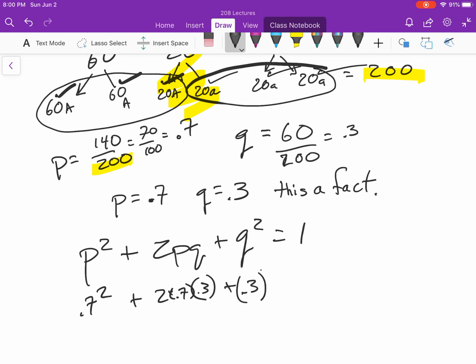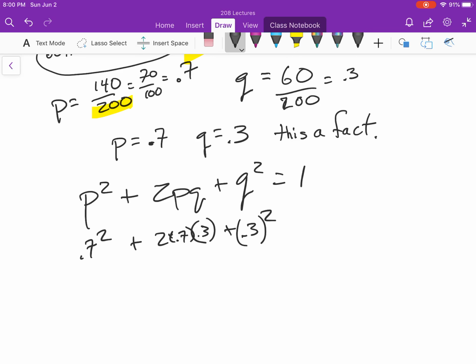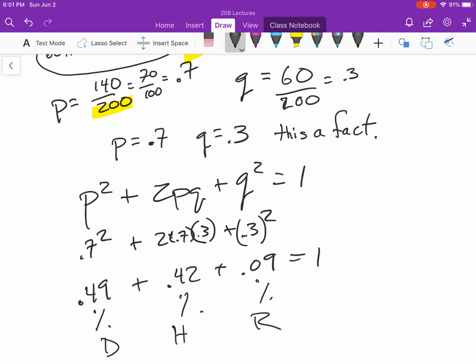Plus 0.3 squared. 0.7 squared is 0.49, plus 0.42, plus 0.09. Okay, these should add up to 1. They're perfect, they all do add up to 1. So these are the frequencies, the percentages for D, H, and R when you're at Hardy-Weinberg equilibrium.